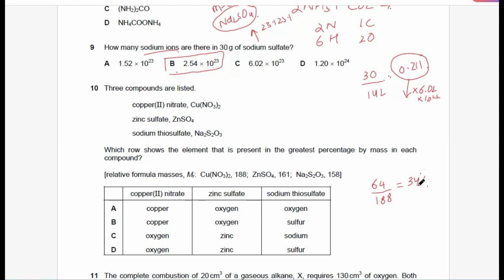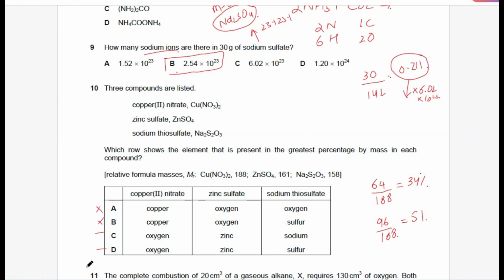And for oxygen, it is O6, meaning 16 multiplied by 6, that is 96, divided by 188. I think its percentage will be lower. No, 96 divided by 188, its percentage will be higher, so 51%. So it means not copper. We have oxygen. C or D could be the answer.